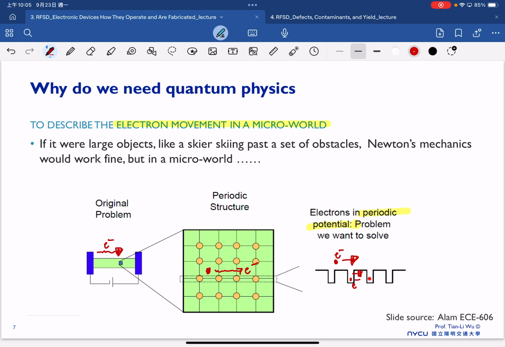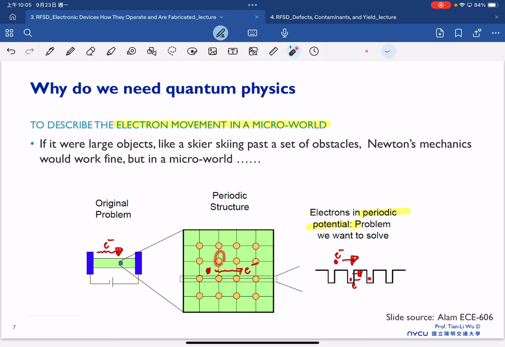So in summary, again, the initial problem is electron movement in a semiconductor material. But if you look closely inside this semiconductor material, it is composed of a regular periodic lattice arrangement. So that means the question becomes electrons moving inside this periodic potential and periodic structure.